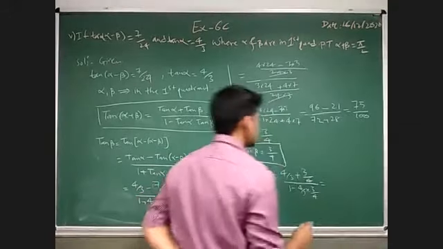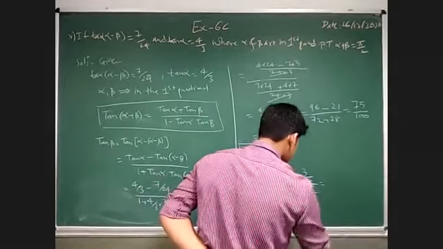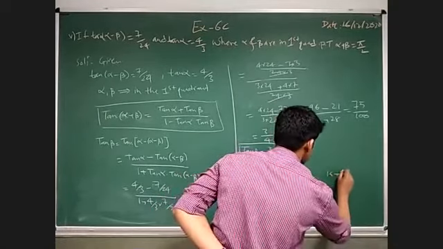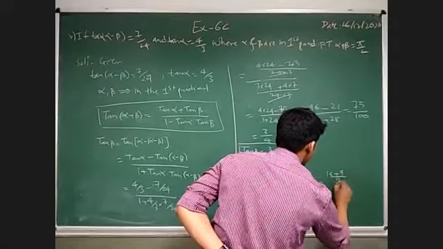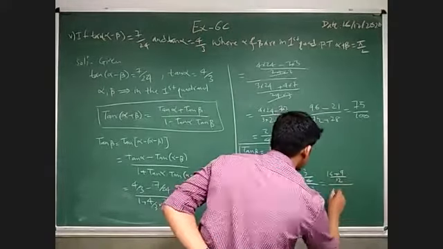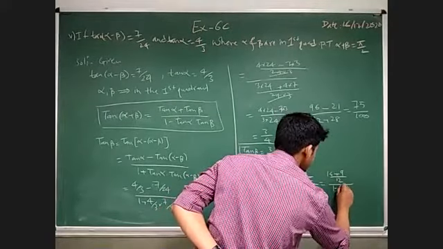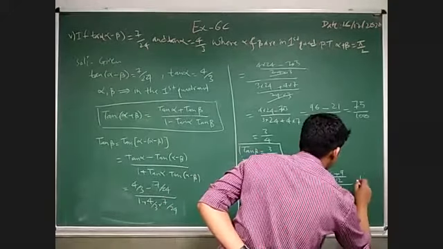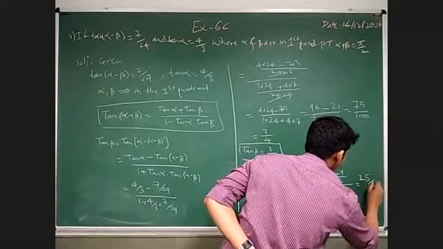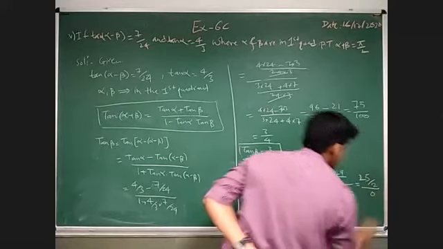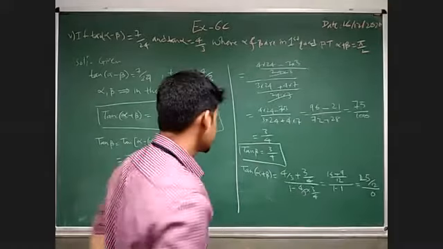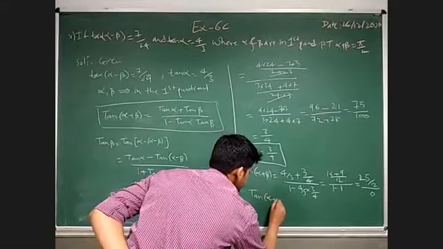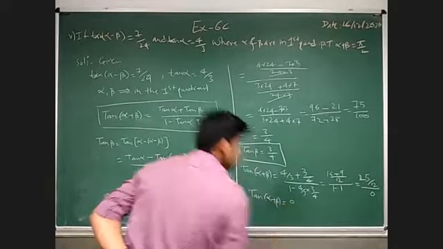Just see here, take the LCM again: you will find 16 plus 9 over 12, and here you will have 1 minus 1. So here you will have 25 by 12 by 0.